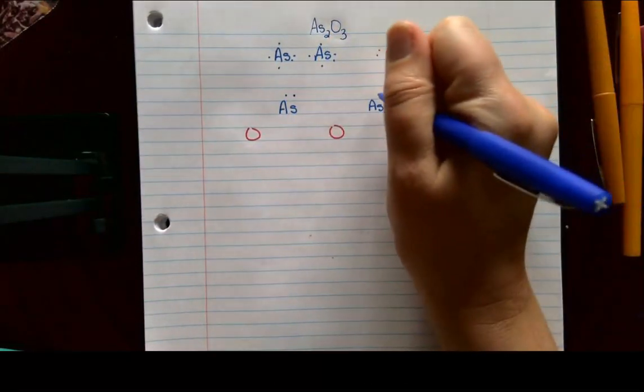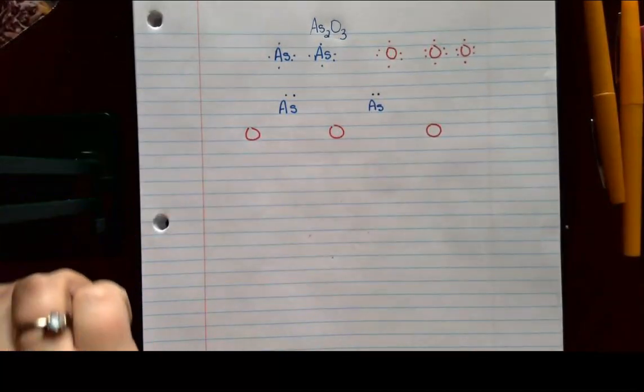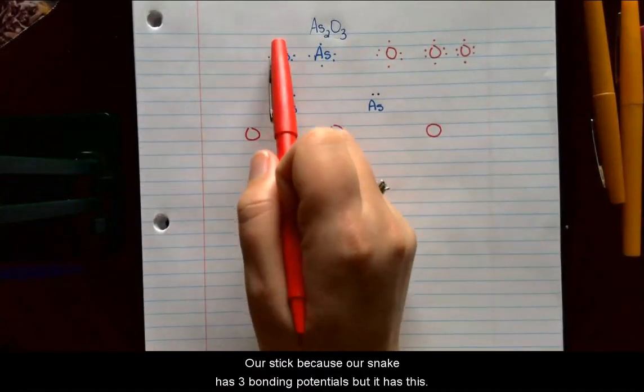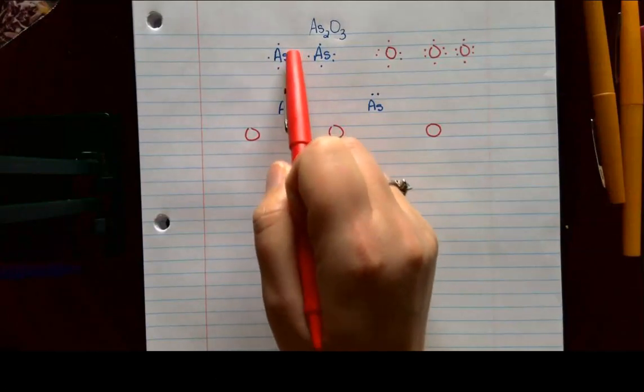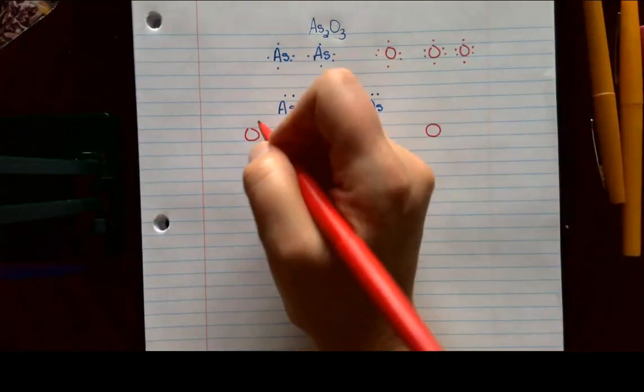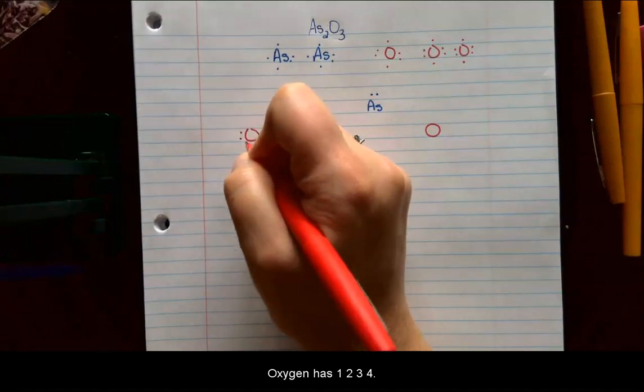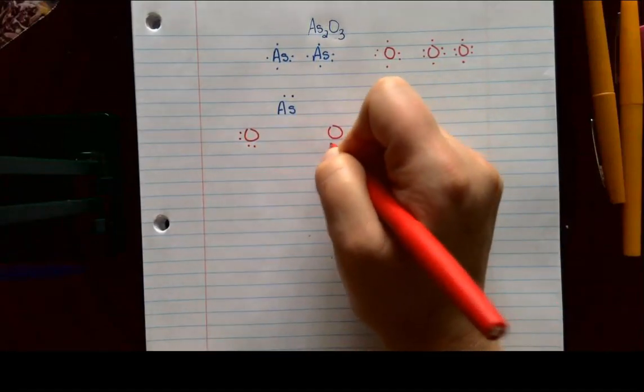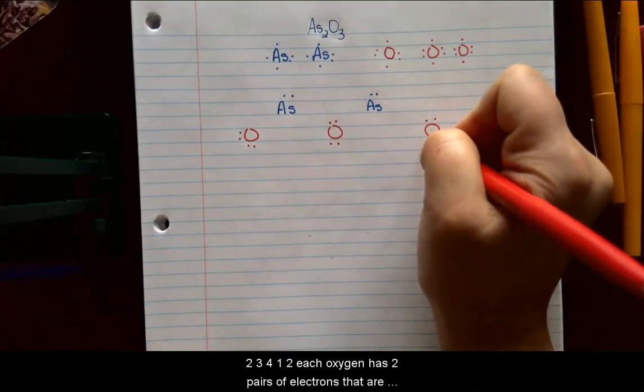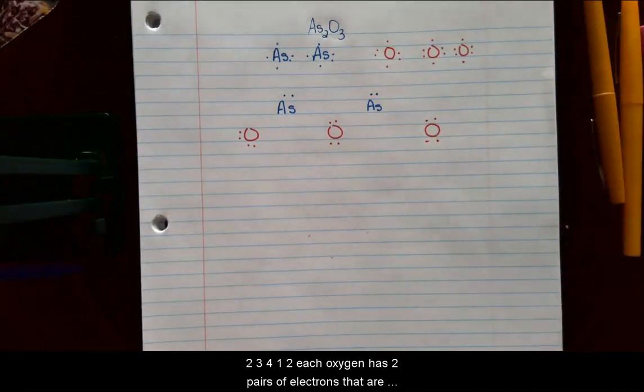So 1, 2, 1, 2 for arsenic, because arsenic has 3 bonding potentials, but it has this bonded pair right here. And each oxygen has 2 pairs of electrons that are already bonded.